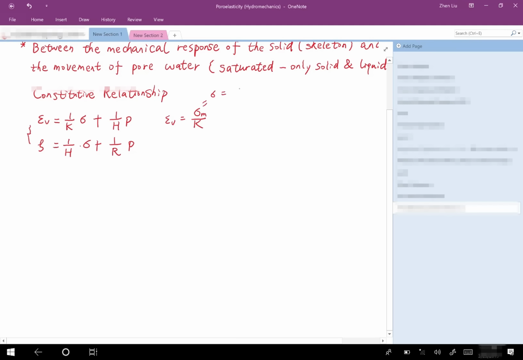It's actually sigma X plus sigma Y plus sigma Z, divided by 3. It's called the mean stress or hydrostatic stress. So now we call it sigma in poroelasticity.